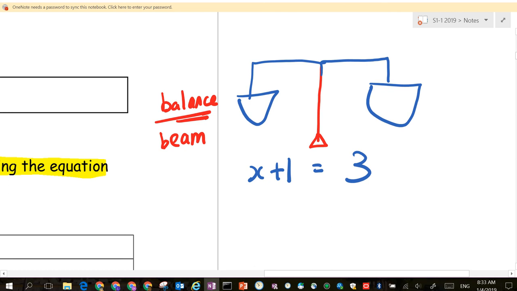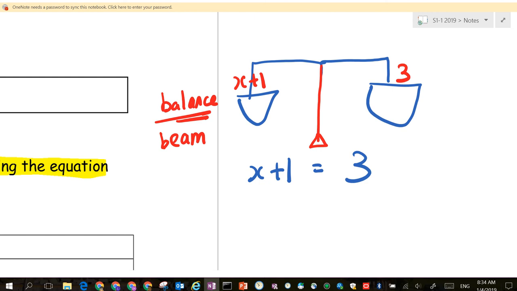Now, from now on, everyone will view this equal sign as a balance beam. Okay. Now, what do I put in this balance beam? I will put x plus 1. What do I put in this balance beam? I will put 3. Are they equal? They are equal, right? They are equal.